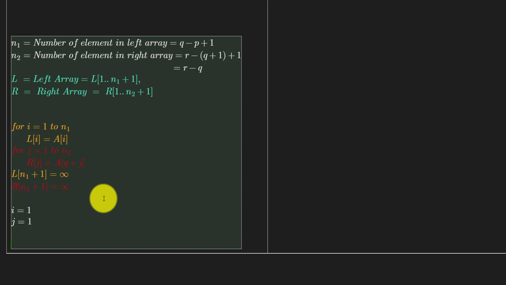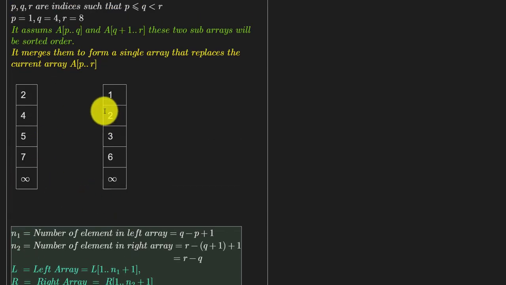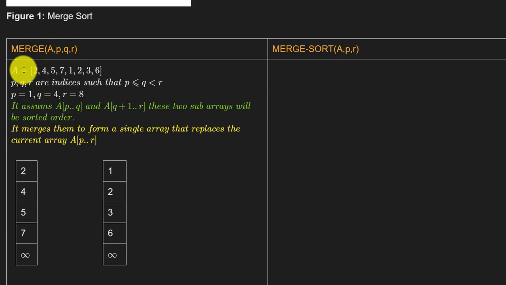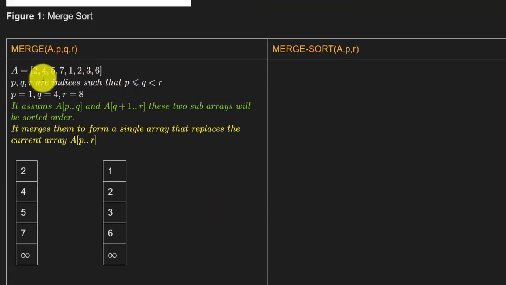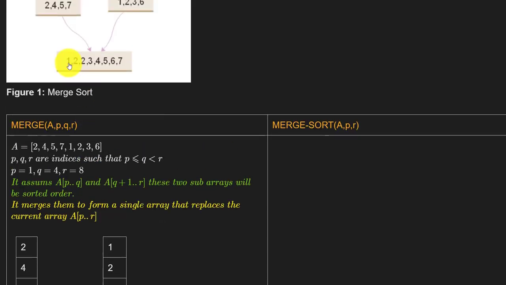Now let us compare and put the elements in A. If I compare the first element of left to the first element of right, the right element is lesser, so 1 will be going to the first position of A. That is what we discussed previously.